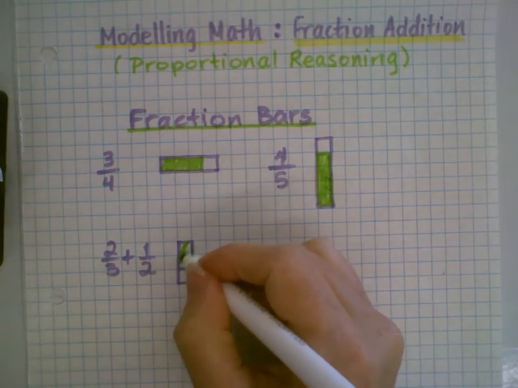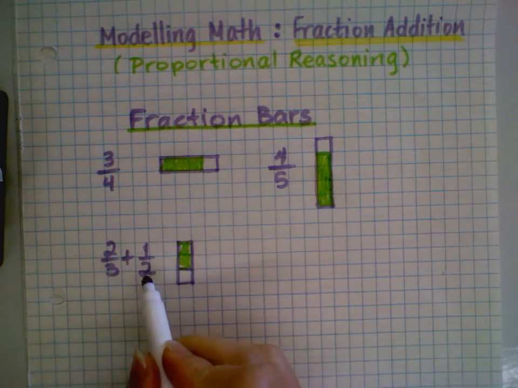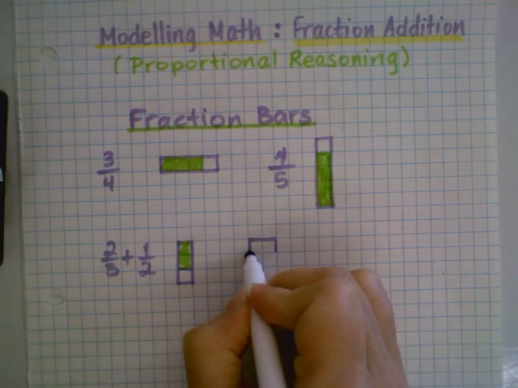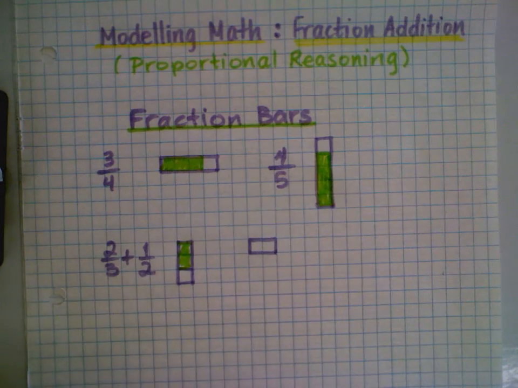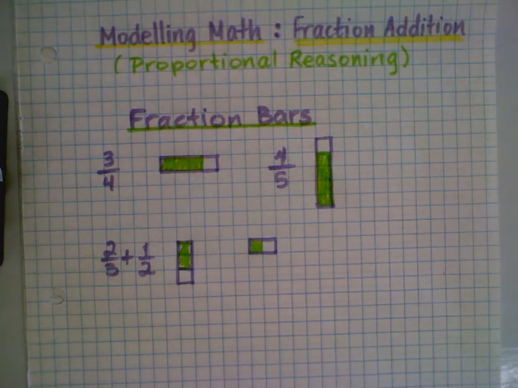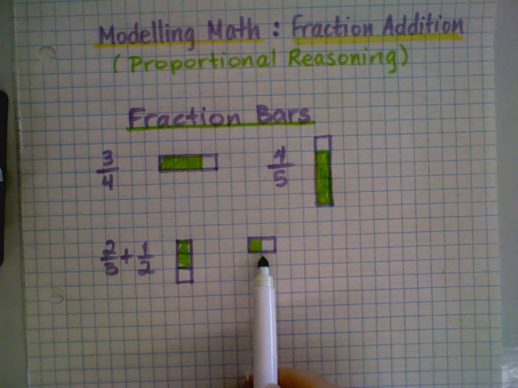I'll keep using the same colors here. And then the 1/2 I'm going to represent with a fraction bar that is oriented horizontally. And the orientation does not change the value at all. Okay, so what I've got shown here is a 2/3 and a 1/2.